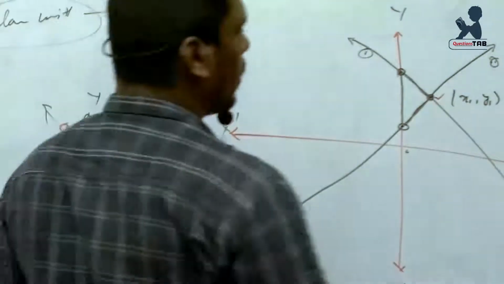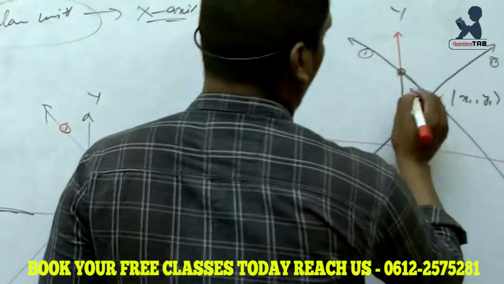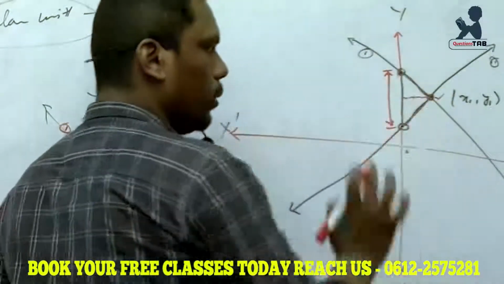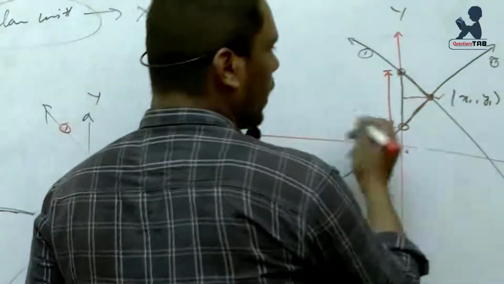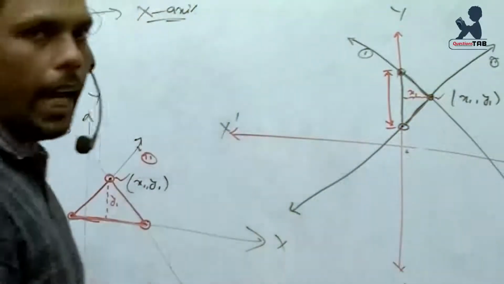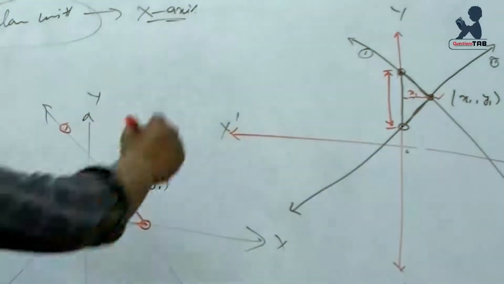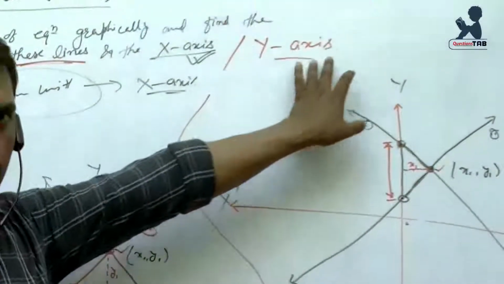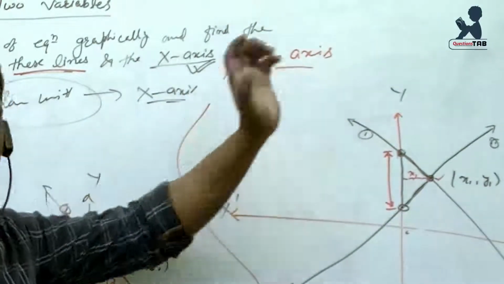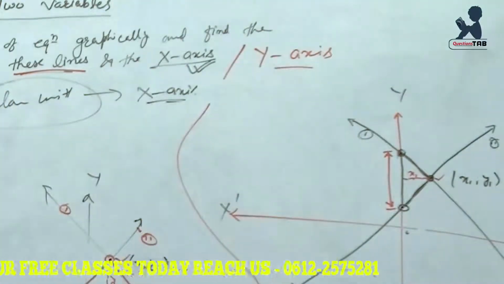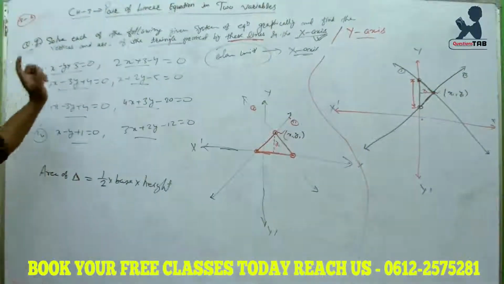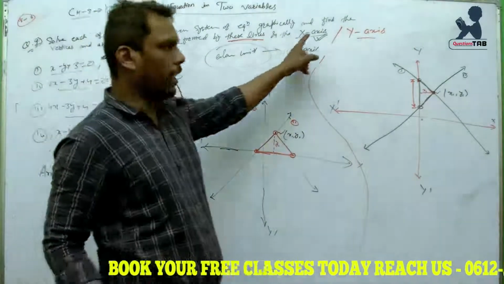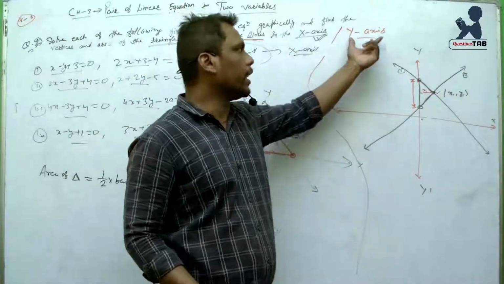And in this case our base is from this point to this point, and our height is nothing but x1. So this is the difference between this question and that question, and in examinations these two types of questions will be asked. So please be careful, write the question first and solve these with the x-axis, and in the second case with the y-axis.